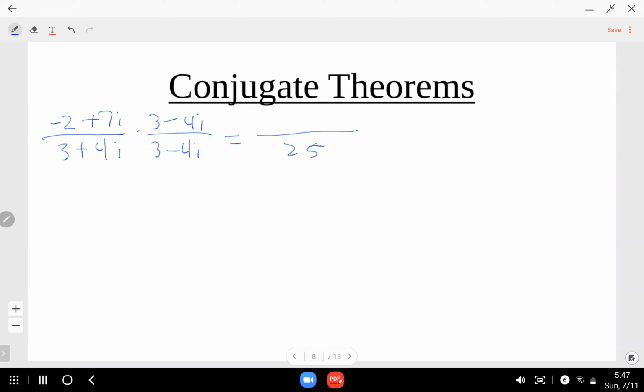And then we just need the top part, which after you multiply, we're going to simplify to 22 plus 29i. But we're still not done yet. We need to do 22 over 25, separate them, plus 29 over 25 i. So now we're done.